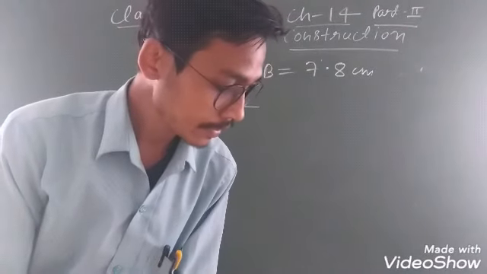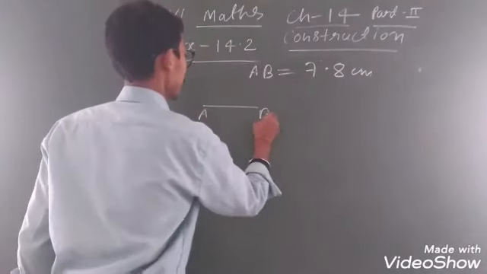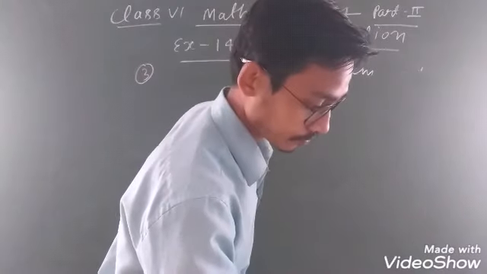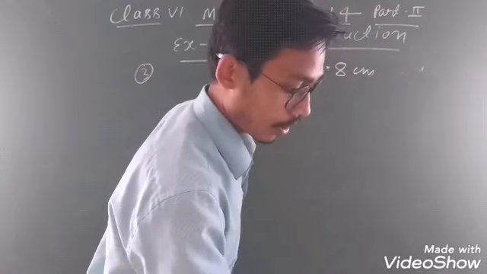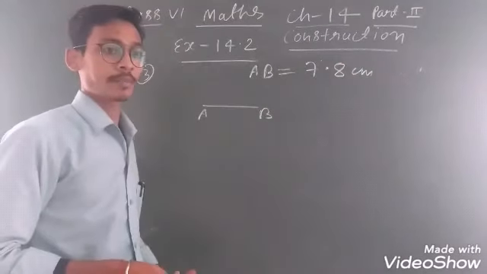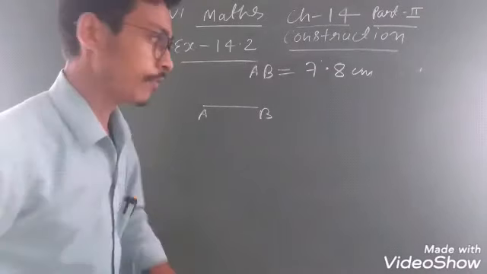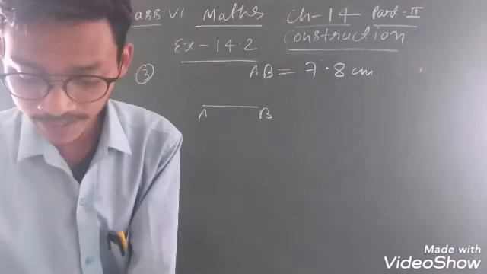Now it is given: from this, cut off AC of length 4.7 cm. So look, this is AB, 7.8. Okay? Now what is given? Cut off AC of length 4.7 cm, students. So you know that you will stretch your compass till 4.7.